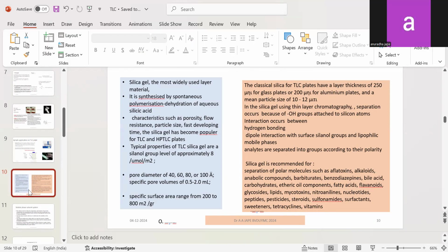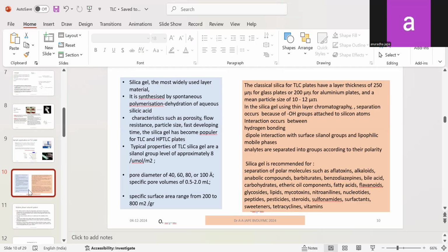Of course, when we talk about silica gel, which is the most popularly used stationary phase for TLC as well as for HPTLC plates, important is the porosity, because the silica gel characteristics are going to decide factors like porosity. The porosity of the plate will decide the flow or the resistance to the particles which are going to move.